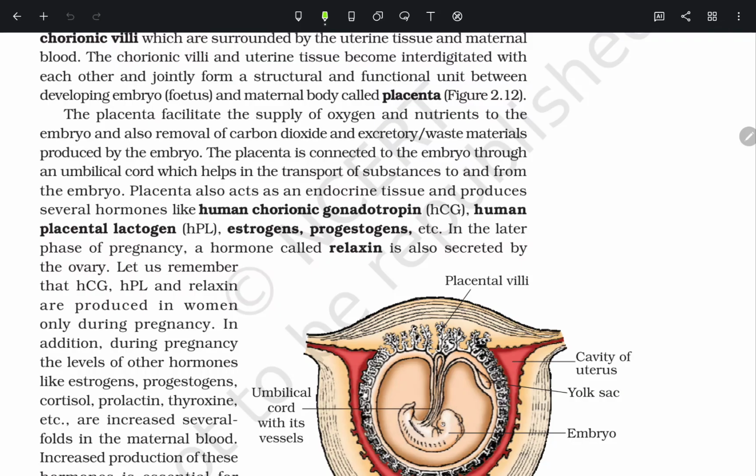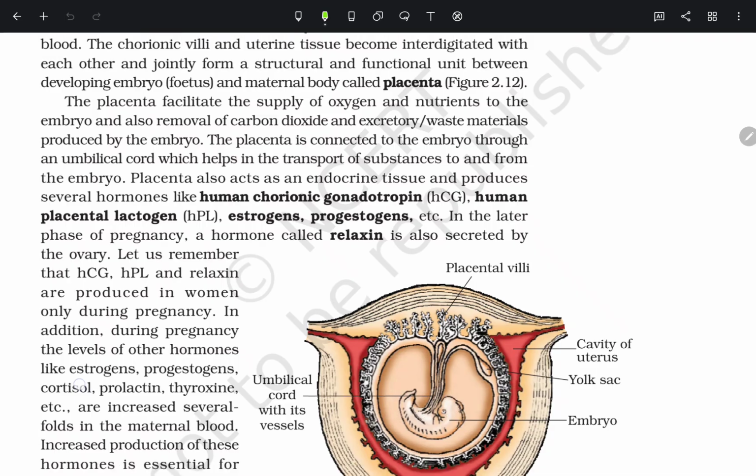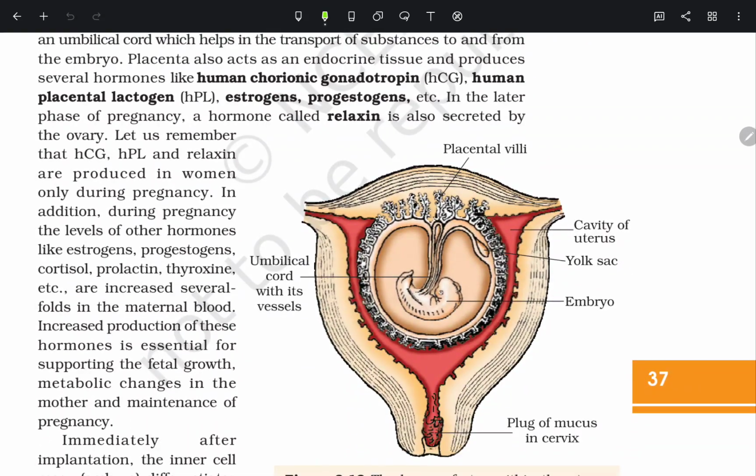The placenta also acts as an endocrine tissue and produces several hormones called human chorionic gonadotropin, hCG, human placental lactogen, estrogen, progesterone. In the latter phase of pregnancy, a hormone called relaxin is also secreted by the ovary. Let us remember that hCG, hPL, and relaxin are produced in women only during pregnancy.